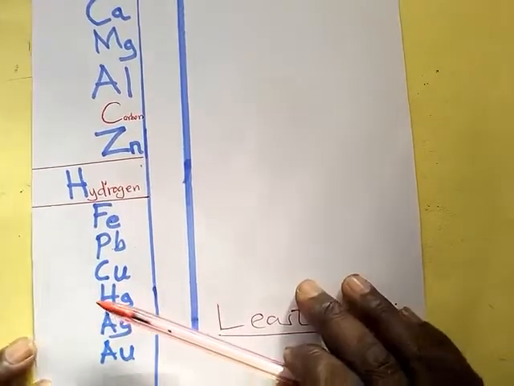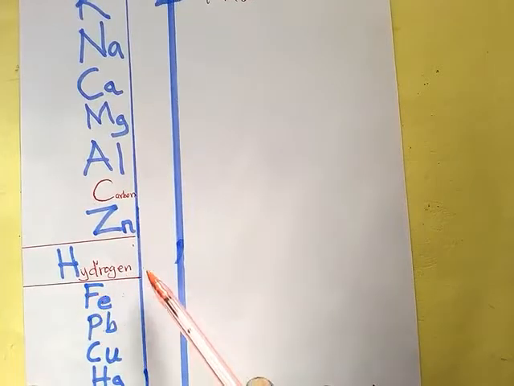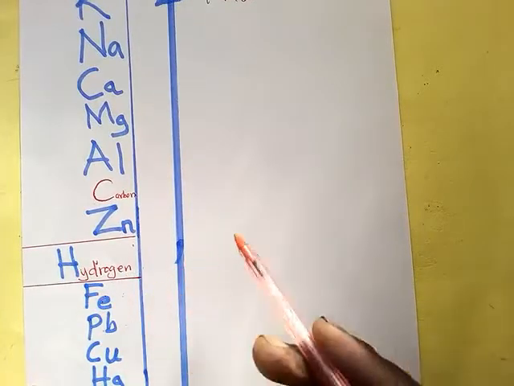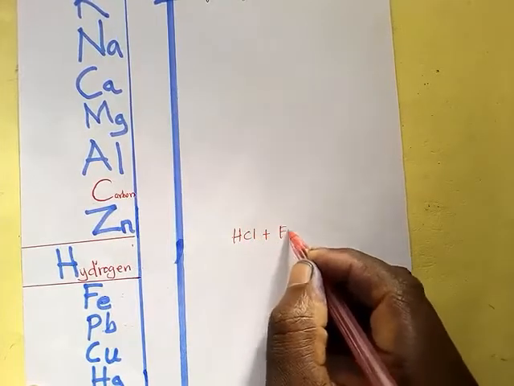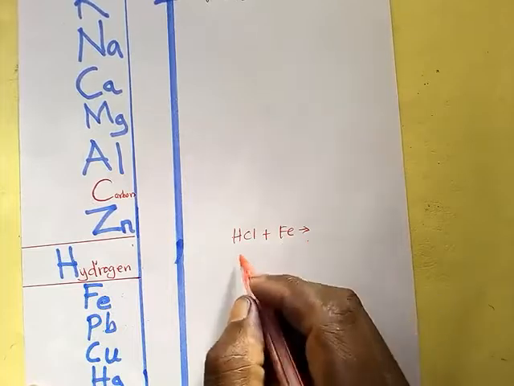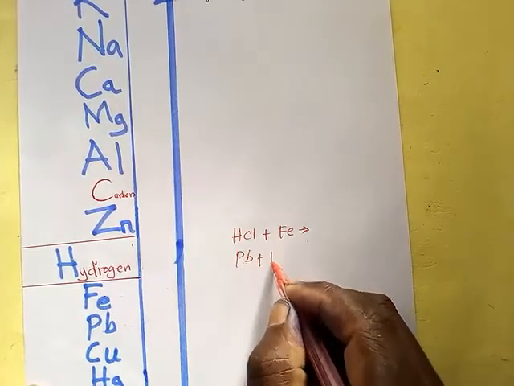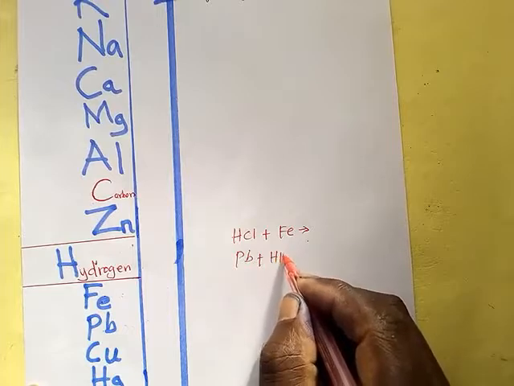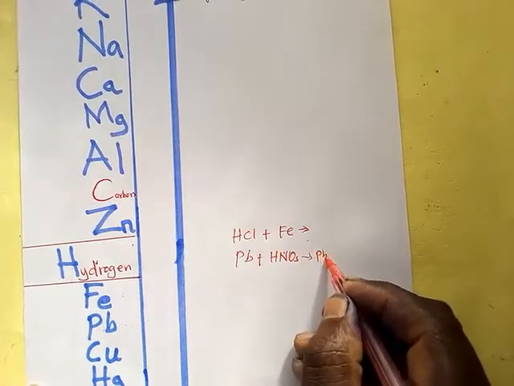Therefore, the reason why I'm showing you this is because you cannot react, for example, HCl plus iron to form iron 2 chloride. You cannot react lead directly with nitric acid to form lead nitrate.